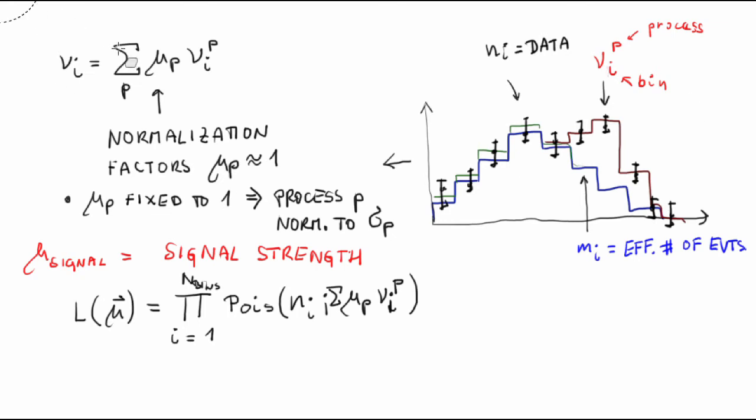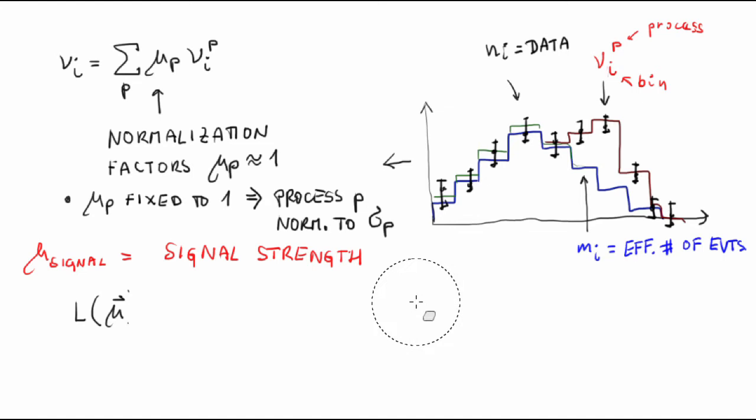To take the Monte Carlo statistical uncertainty into account, we insert a set of new parameters and Poisson terms into our likelihood function. Each pair, parameter plus Poisson term, corresponds to one bin of one histogram. The likelihood function looks like this.